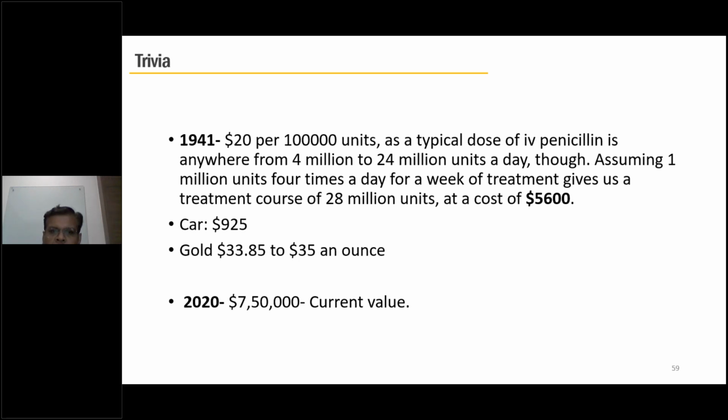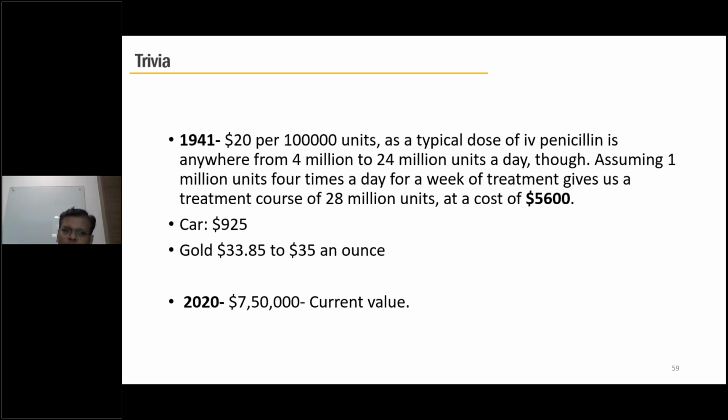So if we calculate the cost, it would be nearly $5,600 for the total treatment of the disease in 1941, when penicillin was just discovered. At that point of time, cars in the US usually cost around $925, and the rate of gold was only $33 an ounce.